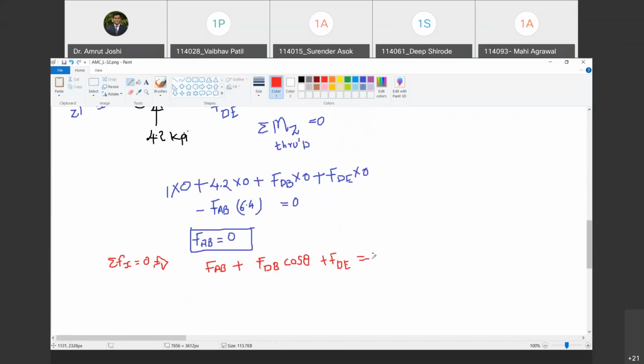Agreed? Yes, sir. But FAB is 0. So therefore we get this equation where we have two unknowns involved: FDB cos theta plus FDE equal to 0.